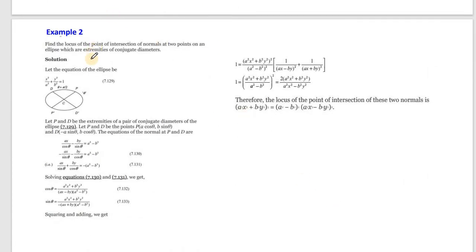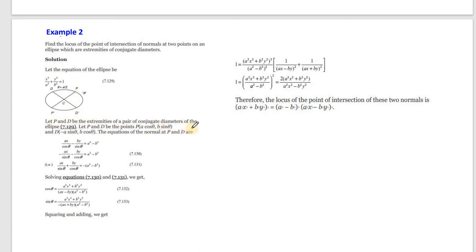Now the next one: find the locus of the point of intersection of normals at two points on an ellipse which are extremities of conjugate diameters. So let us see again.